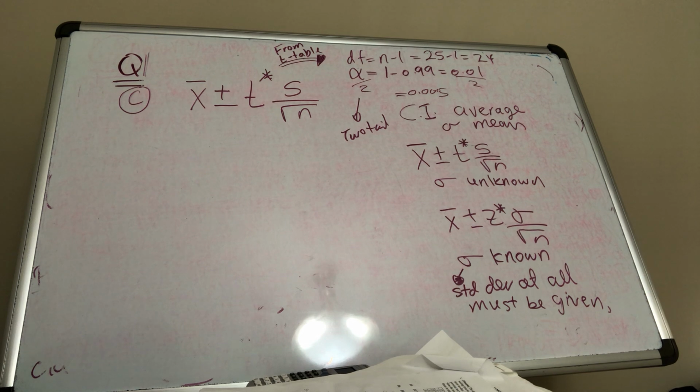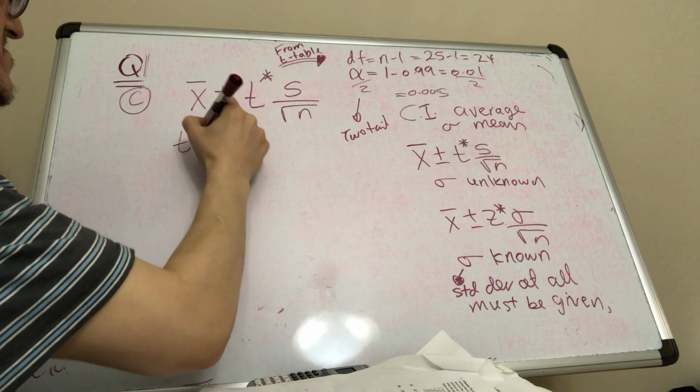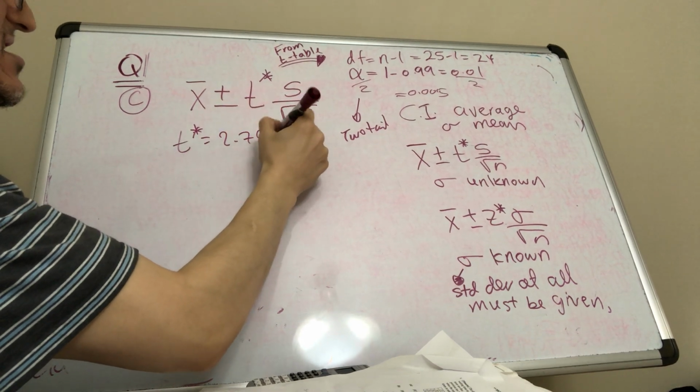If you go to degrees of freedom 24 and 0.005, you'll see that your number is 2.797. So eventually your t star is 2.797.